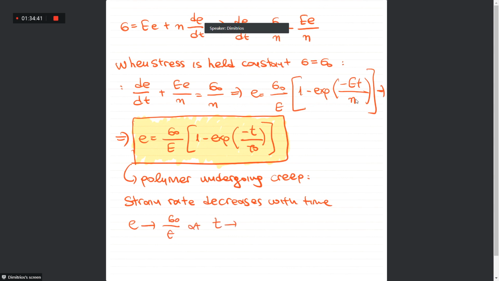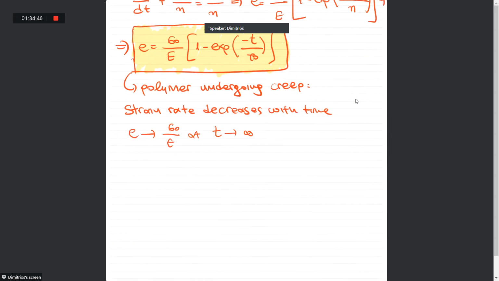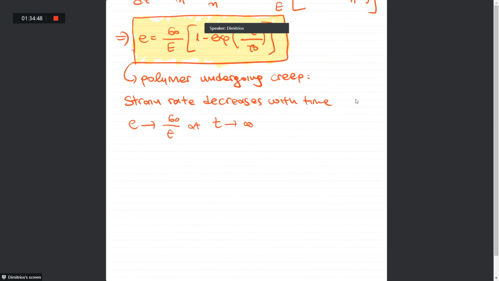So this equation, in terms of the creep behavior, to give you the graph immediately: for creep, we say we have constant stress and we study the strain, so the behavior is given like that over time, from equation 2.